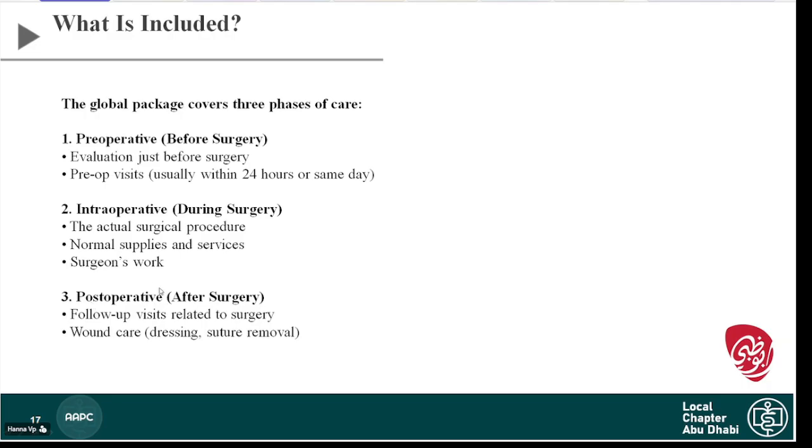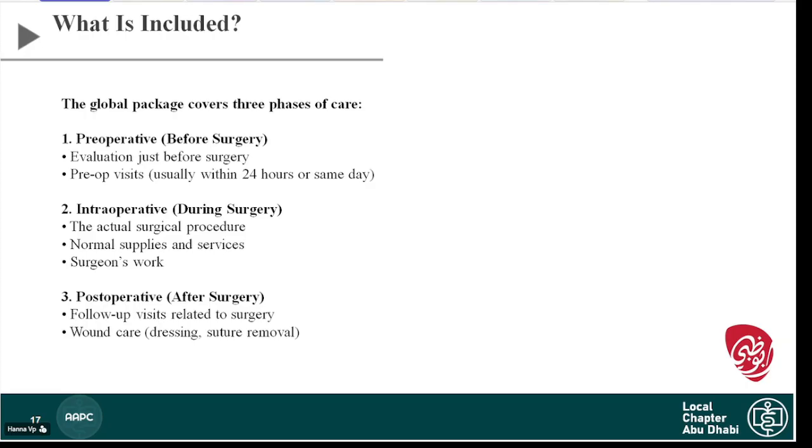It includes follow-up visits related to surgery and wound care, dressing, suture removal. So guys, these are the main three phases included in every surgical package. It is bundled. We don't want to pay or code it separately.